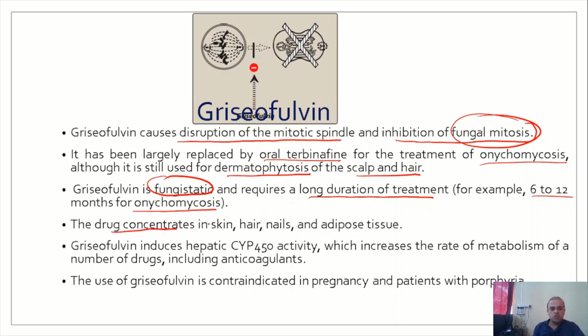The drug concentrates in skin, hair, nails, and adipose tissue, similar to terbinafine. Griseofulvin induces hepatic CYP450 activity, which increases the rate of metabolism of a number of drugs, including the anticoagulants. The use of griseofulvin is contraindicated in pregnancy and in patients with porphyria.